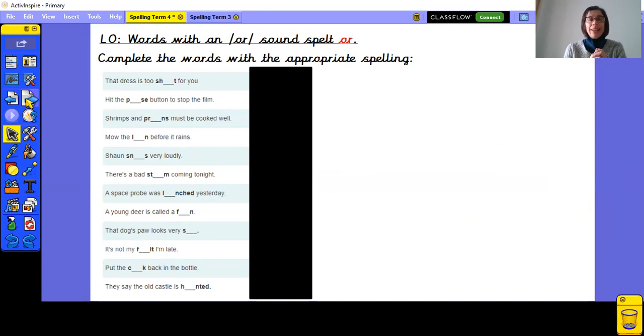You don't have to write anything if you don't want to. You can just say, oh, this is O-R, this is A-U, this is O-R-E, or this is, which one? O-R, or which one did I forget? You will find out anyway. Okay, that dress is too short for you. Short. Think very quickly.